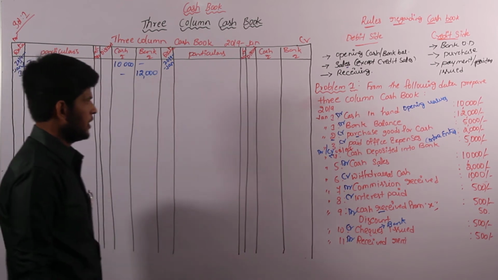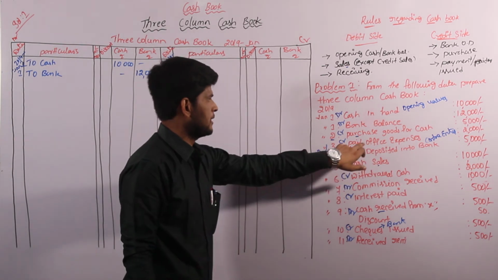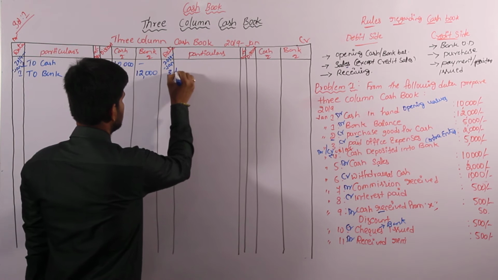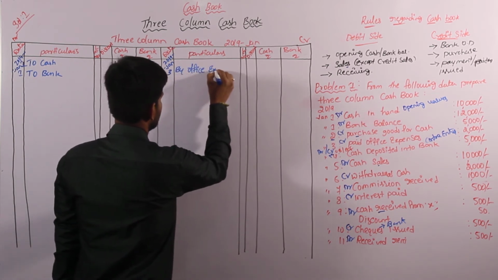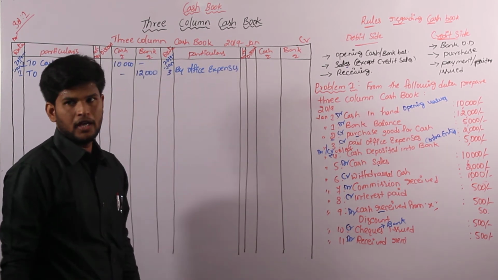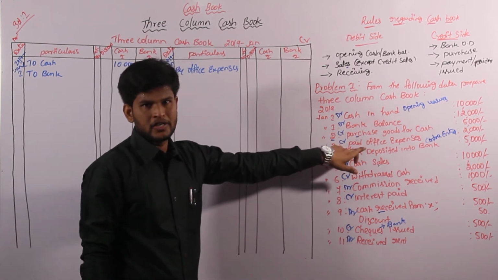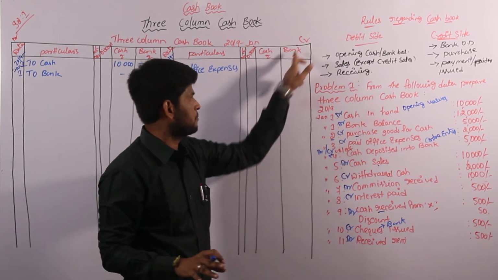Come to the next one, paid office expenses. Payment goes to the credit side, that is on January 3rd, by office expenses. Here we have a confusion about whether to enter the amount in the cash column or the bank column. If the transaction clearly mentions any bank values or any check, definitely we have to enter it into the bank column.